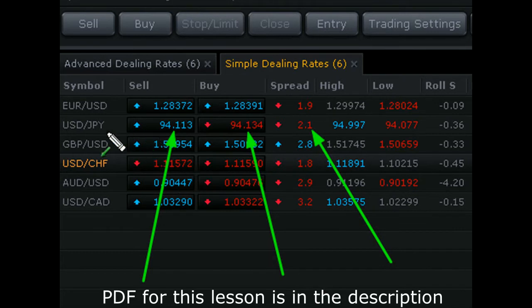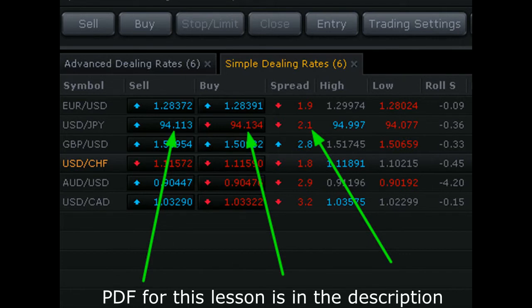So if right now I wanted to buy the US dollar against Japanese yen, I would be paying 94.134, which is 94.13 as whole pips and 4/10 of a pip. Or if I wanted to sell, I would be selling at 94.11 and 3/10 of a pip.